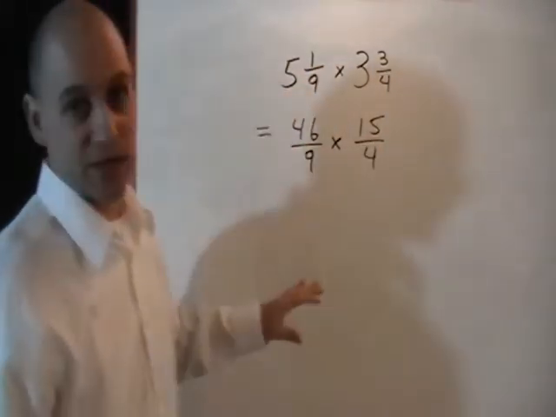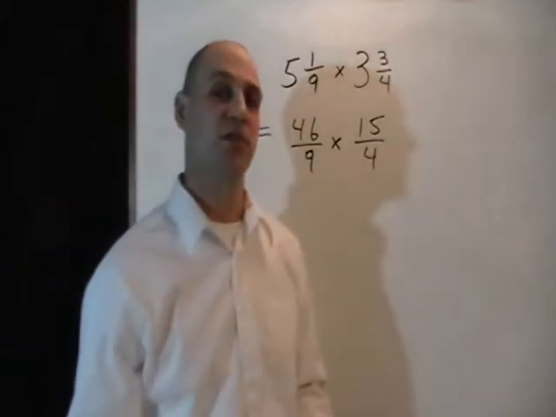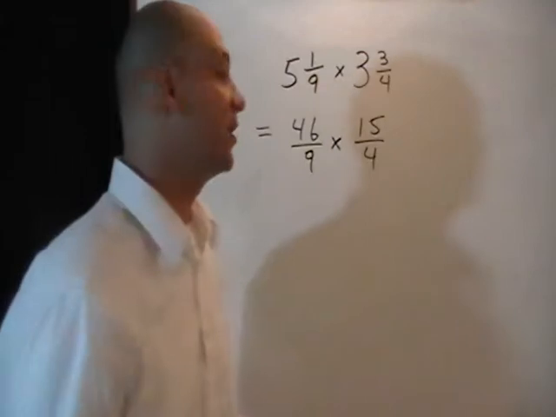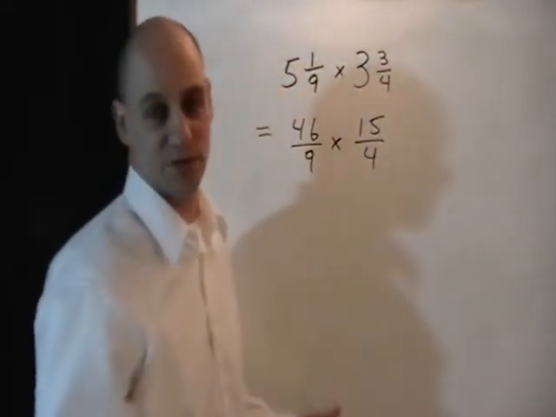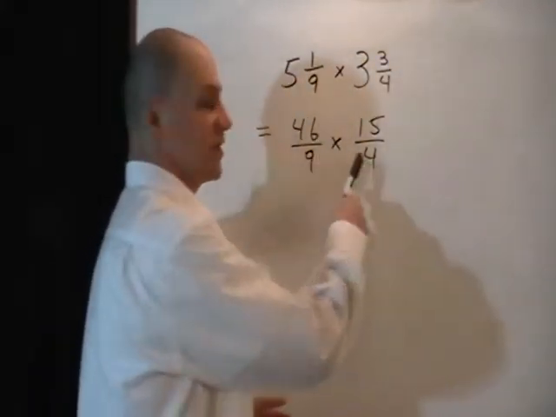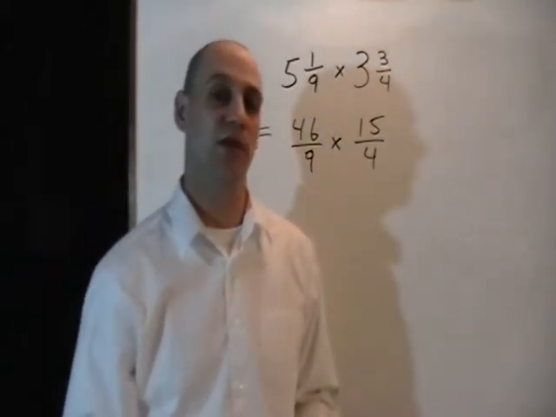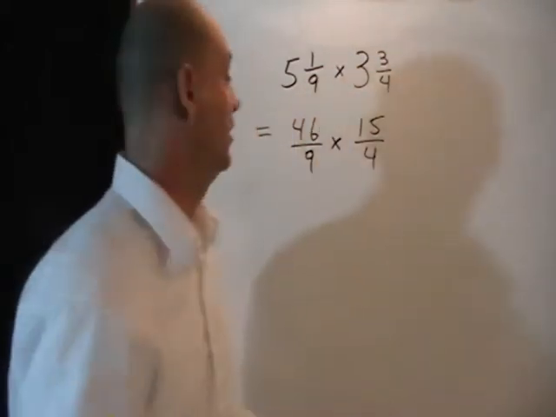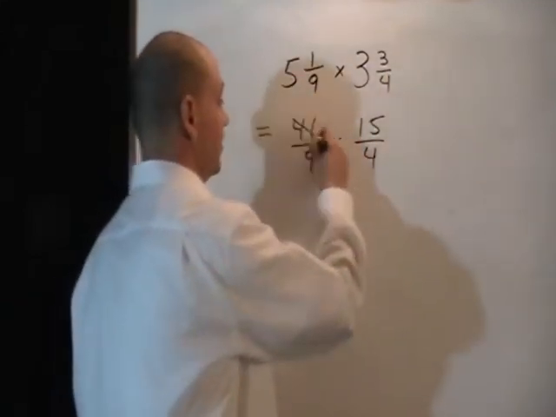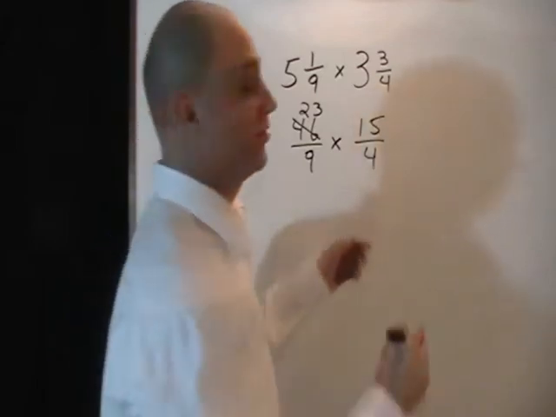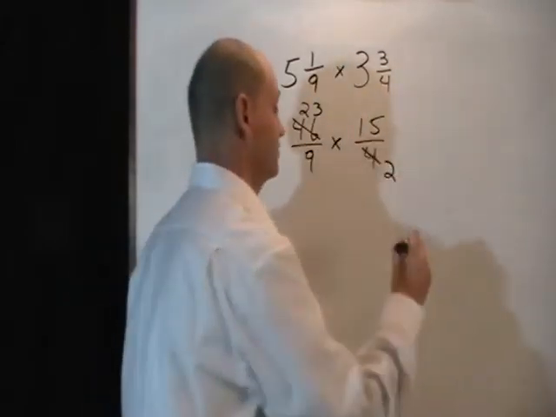Now before we go to the next step here, we're actually going to simplify this expression a little bit because there are some numbers that can divide evenly into both the numerators and the denominators. Let's look at 46 and 4 for example. What number can divide into 46 and 4 evenly? The number is 2. So we can divide 46 divided by 2 and get 23, and we can divide 4 by 2 and get 2.